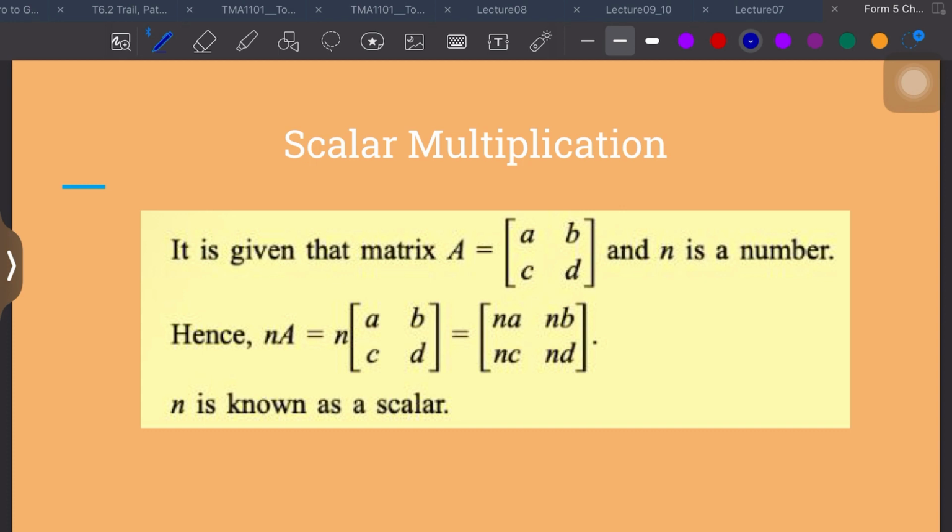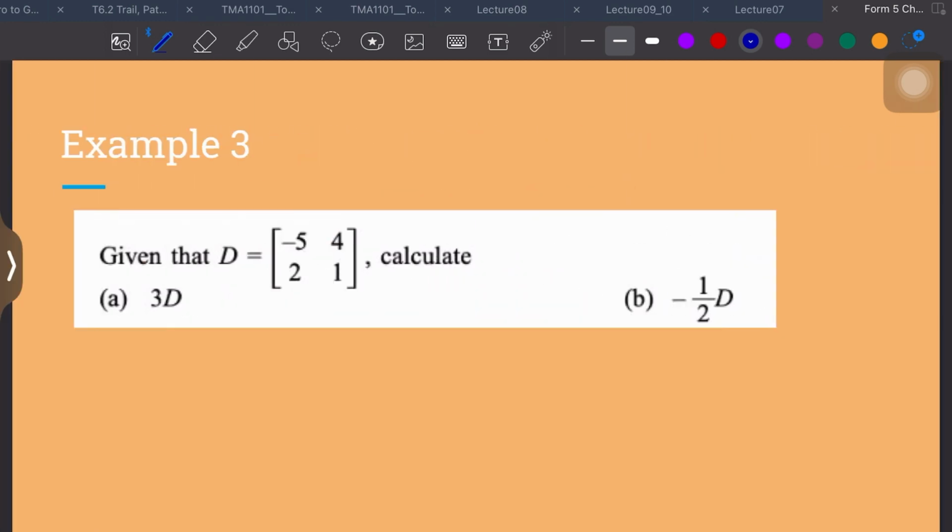Scalar multiplication. It is given that the matrix A is A, B, C, and D, and n is a number. Hence, nA is equal to n multiplied by A, B, C, and D, and n is known as a scalar.